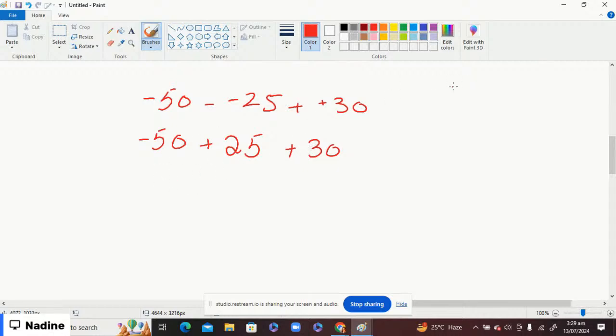Now here is one minus sign, one plus sign, so it means that it's minus. So minus 50 plus 25. What's the answer? It's 25. But with 25, which sign do you put? Check it out, the sign with the greater number. So what is the sign with the greater number? That is minus 25. And it's plus 30.